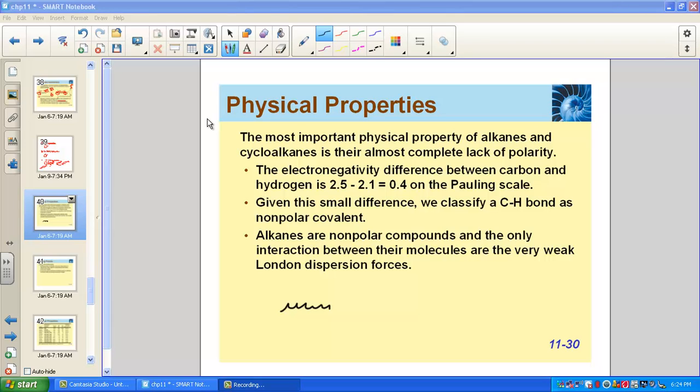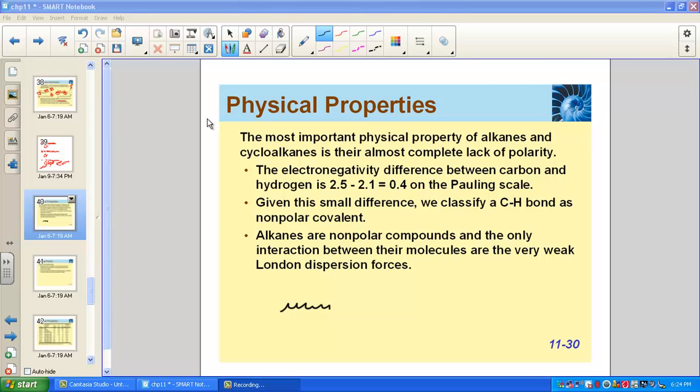Of course, the most important property of an alkane and the cycloalkanes is their almost complete lack of polarity. These straight chains of hydrocarbons have no area of interest in terms of electronegativity differences.